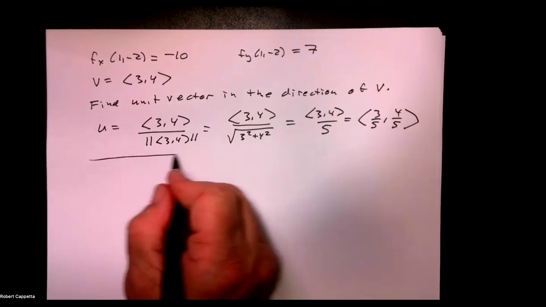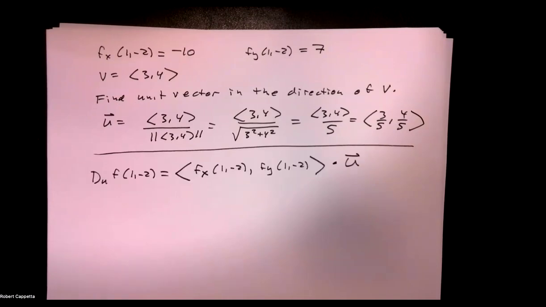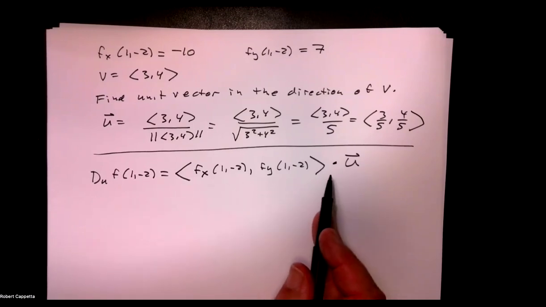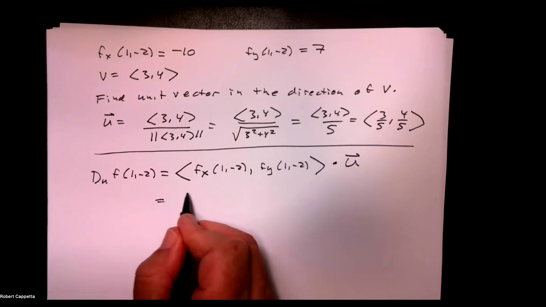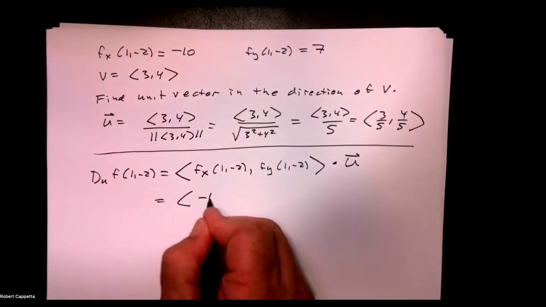So putting that together, how do we determine our directional derivative? What will our rule be? So here's our big rule. To calculate the directional derivative, you find the partial derivatives and take the dot product with the unit vector defined by the direction you're headed. So in this case, what do we have? The f sub x at 1, negative 2 is negative 10.